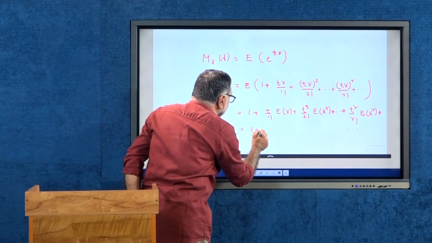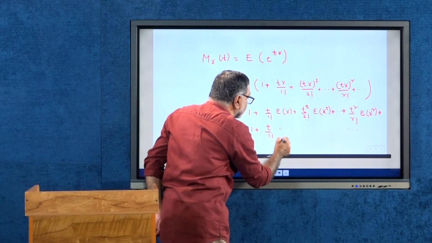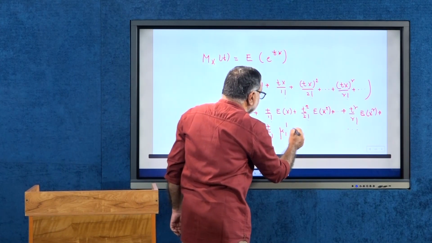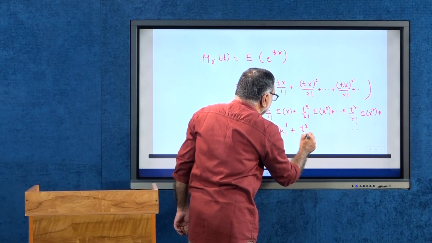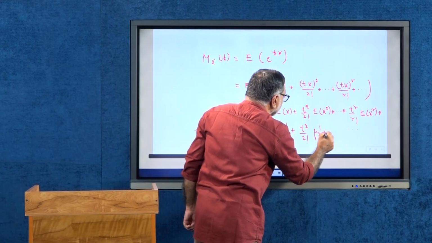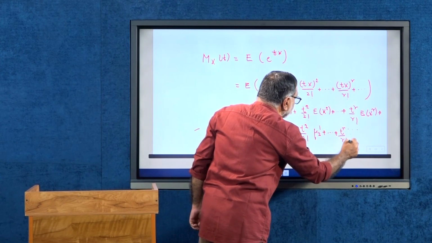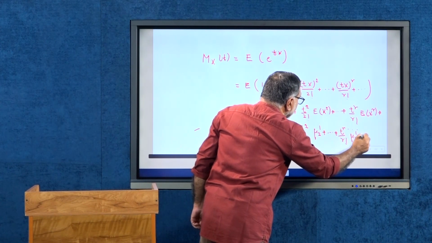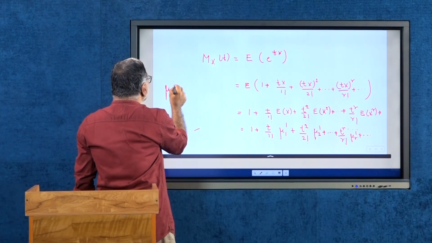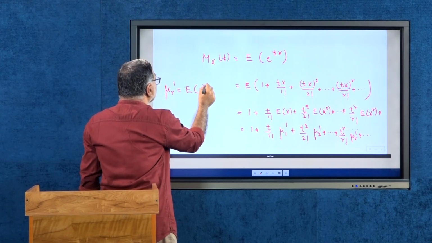This is 1 plus t divided by 1 factorial mu 1 dash, since we know expectation of X can be written as mu 1 dash, plus t square divided by 2 factorial mu 2 dash, plus generally t power r divided by r factorial mu r dash plus etc., where mu r dash, the rth arbitrary moment, is nothing but expectation of X power r.